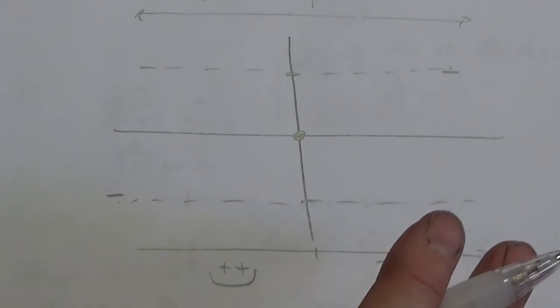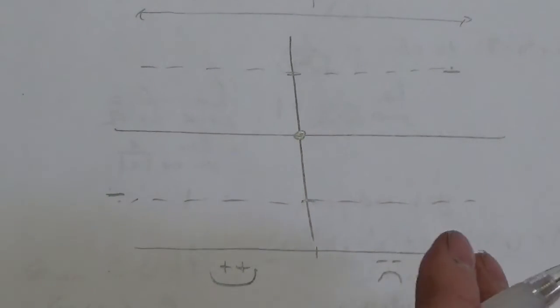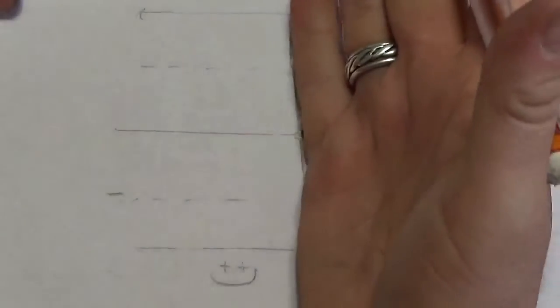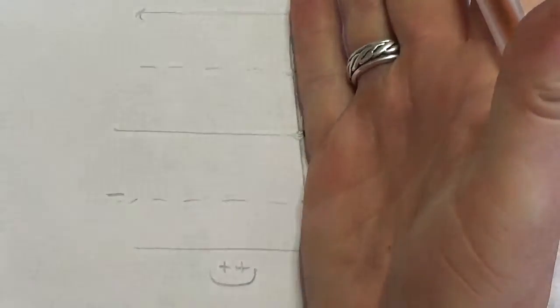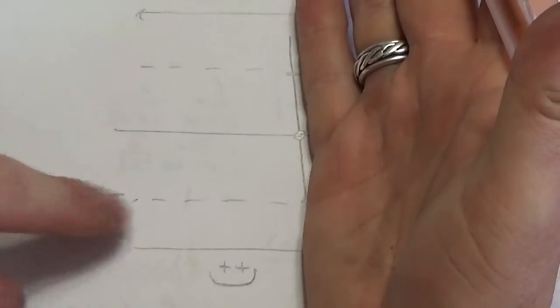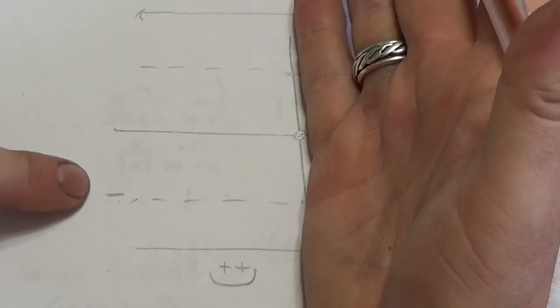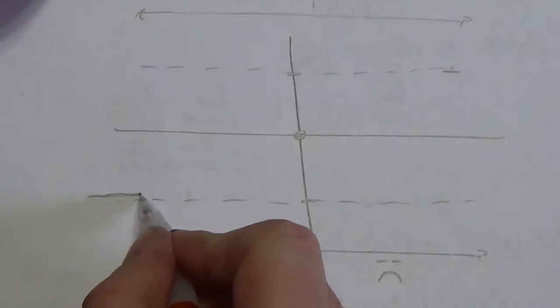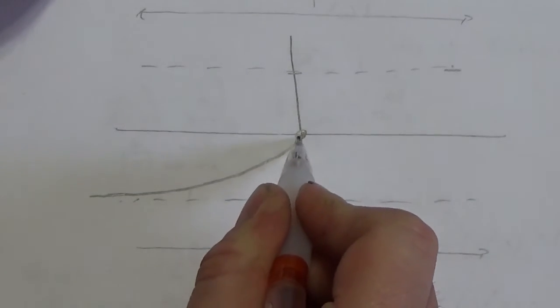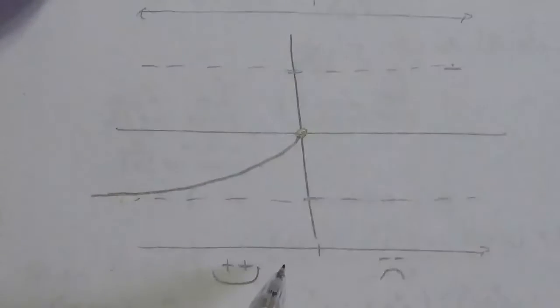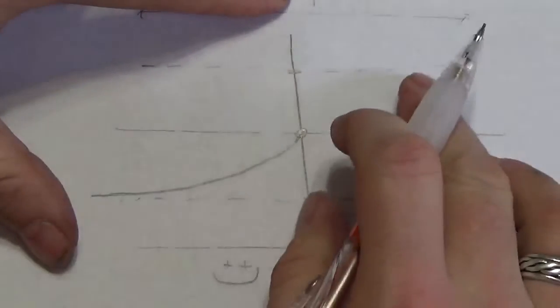All right. So now let's just take a quick look at this. In this interval here, to the left, it's increasing, concave up, and it approaches this asymptote as I go to the left. Well, it's got to look something like that. Then it becomes concave down, still increasing, and it approaches this asymptote.